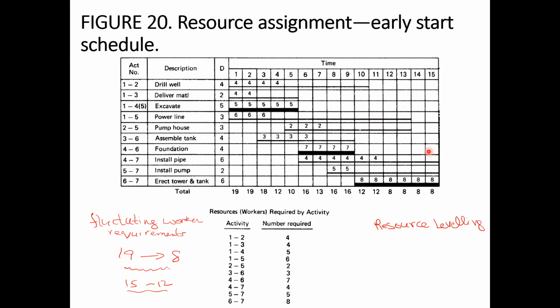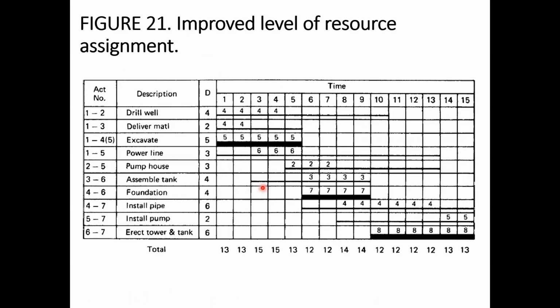Okay, so this is the use of drawing the resource requirements of the project on the bar chart. So therefore, some of the adjustments are made, and this is the adjusted or improved level of resource assignment.